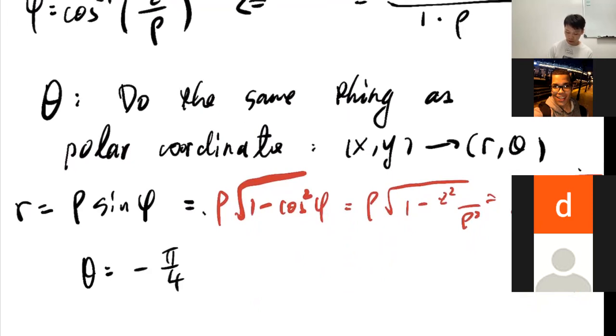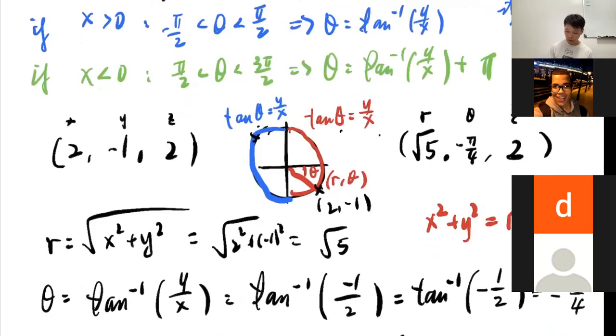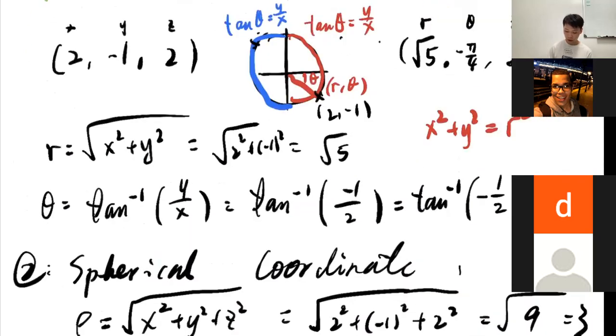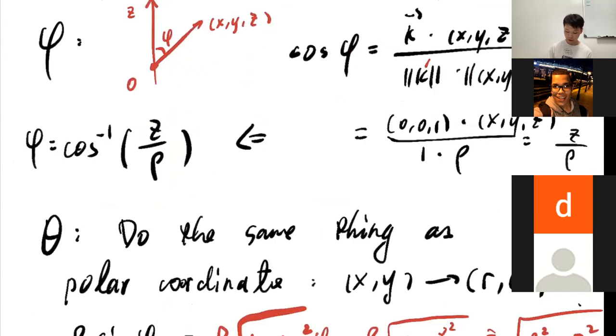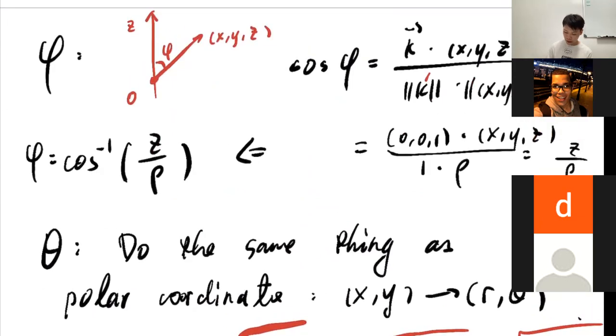So in this case, your theta is negative pi over 4, if you do the same thing as before, the arctangent of y over x. So theta is minus pi over 4, and then your cosine of phi is z over rho, where z is 2 and rho is 3, so it's 2 over 3.